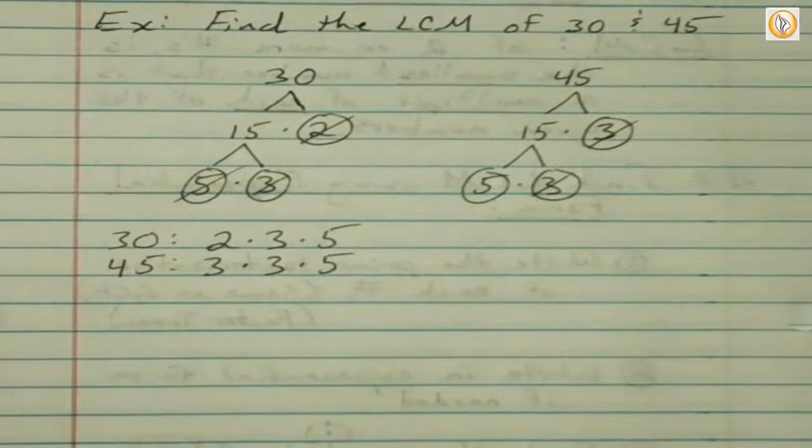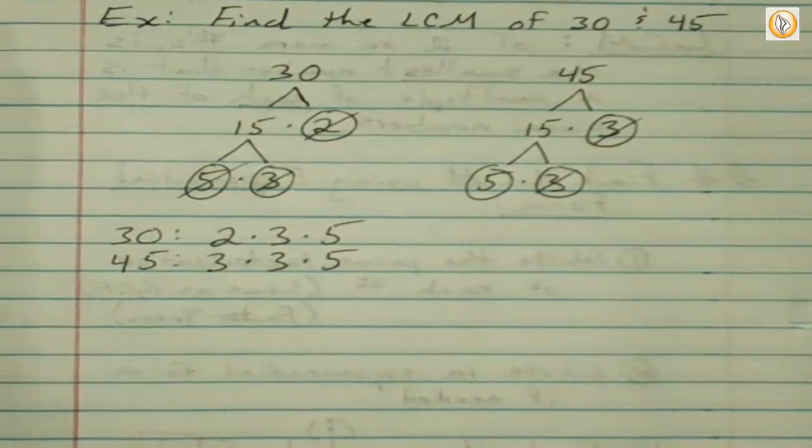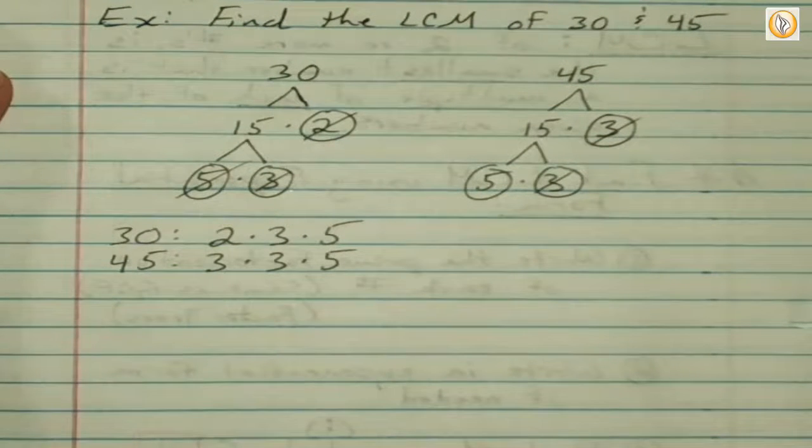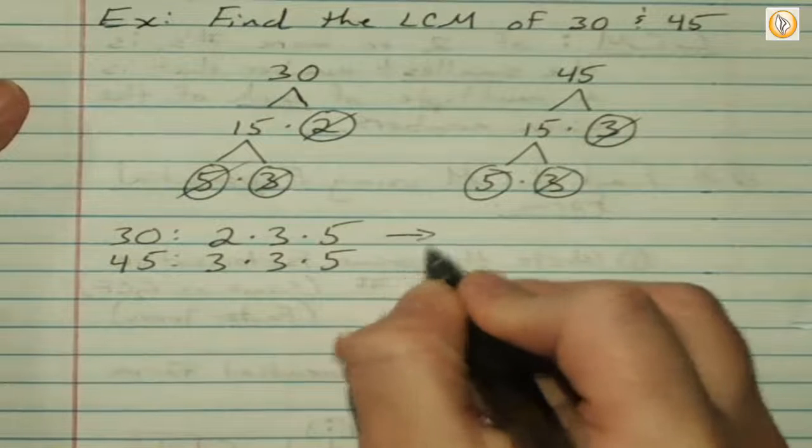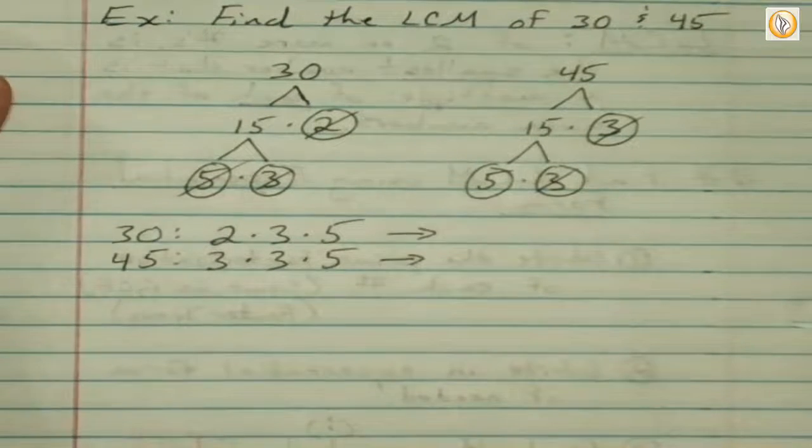Okay, so at this point, I'll let y'all catch up. At this point, you guys understand. We've done this part, okay? However, step 2 says to write them in exponential form if you can. So please watch. This is very important. I'm drawing arrows.